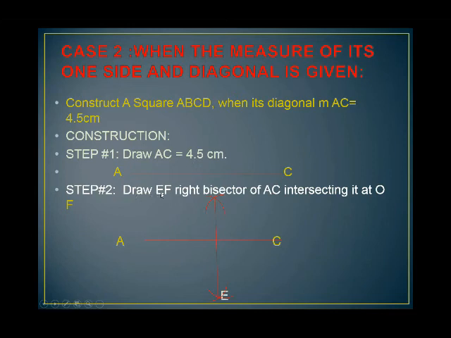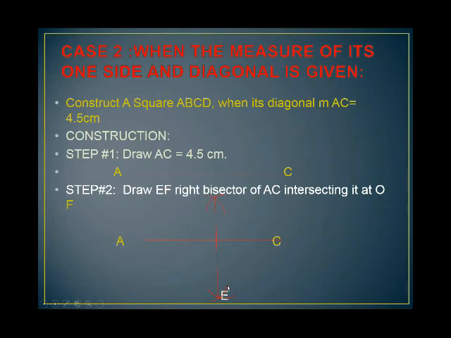Now draw EF, the right bisector of AC, intersecting it at O. So how do we draw a right bisector? First we draw the line AC, and by taking the two ends of AC, we open the compass more than half of the line and we draw 2 arcs on either side of the line.